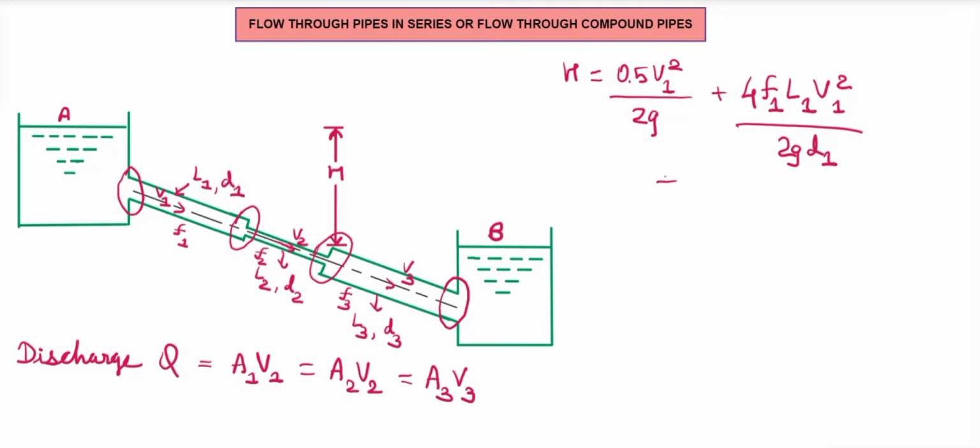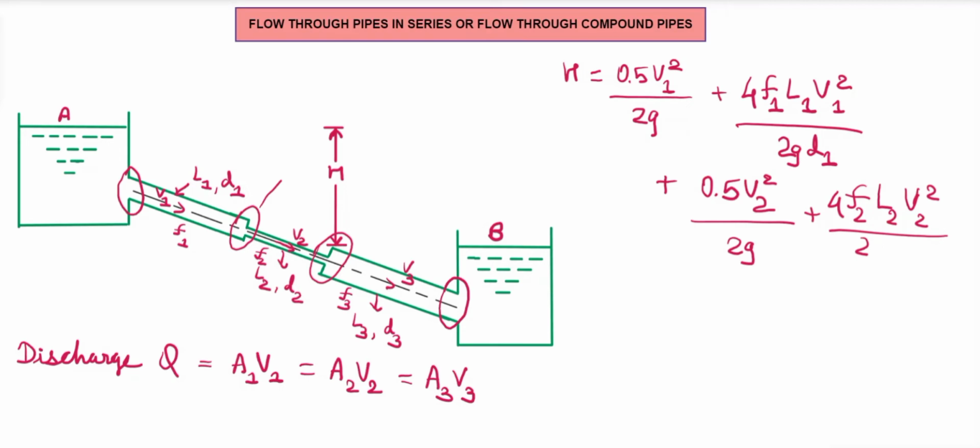Plus, now we'll consider the loss due to sudden contraction, given by 0.5 V square by 2G. For the second pipeline it is V2, so we write 0.5 V2 square by 2G, plus 4 F2 L2 V2 square upon 2G D2.